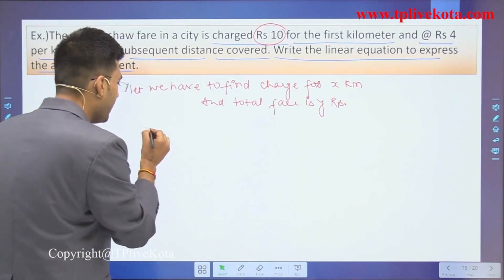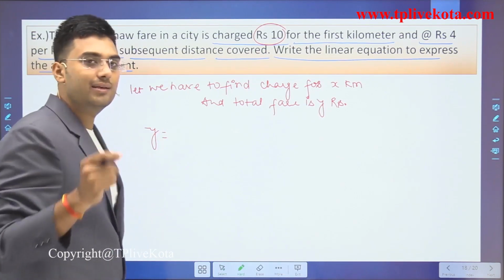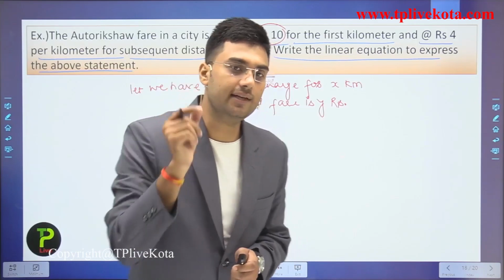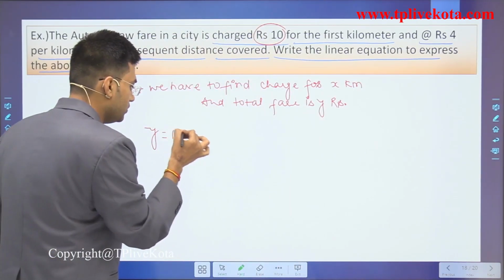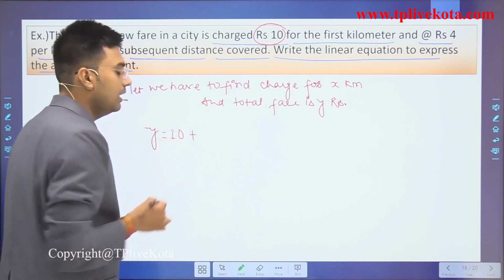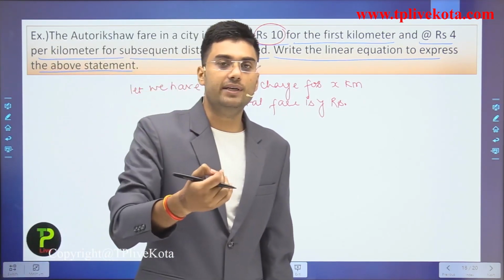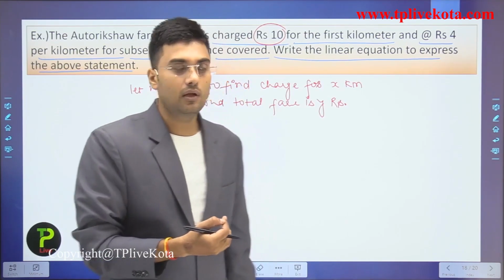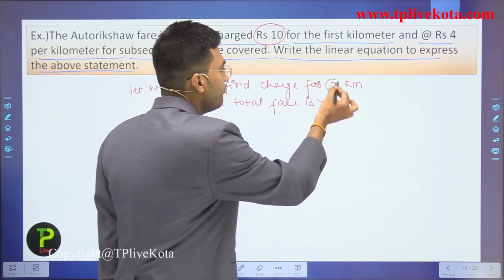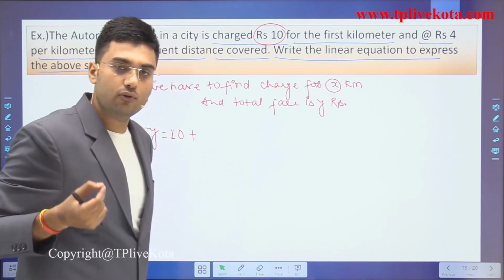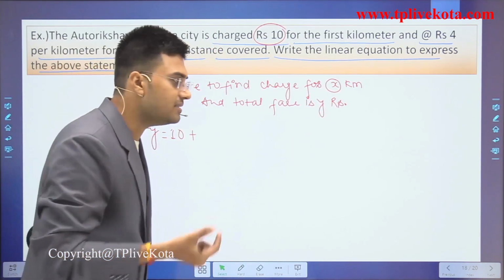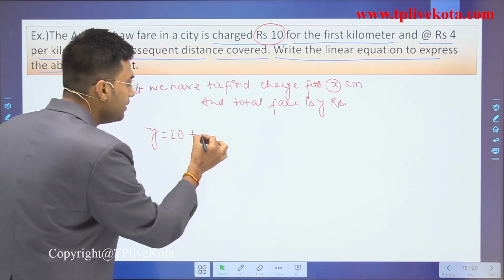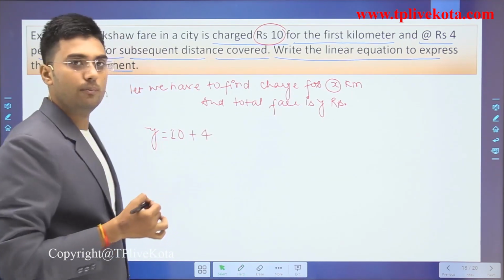So y is equals to, for the first kilometer we have to pay rupees 10. So it is equals to 10 plus. Now after the first kilometer, for each subsequent kilometer we have to pay 4 rupees per kilometer, so we pay for x minus 1 kilometers.